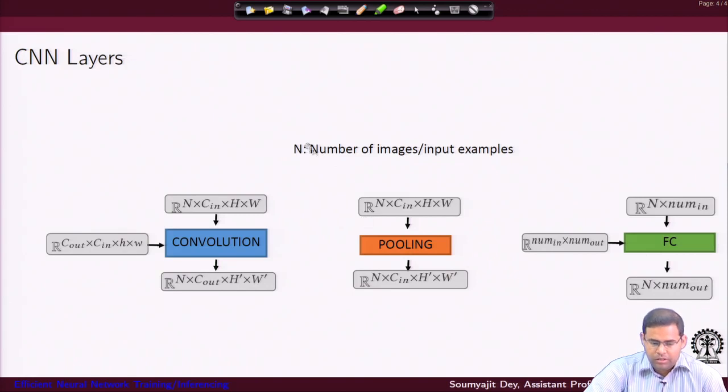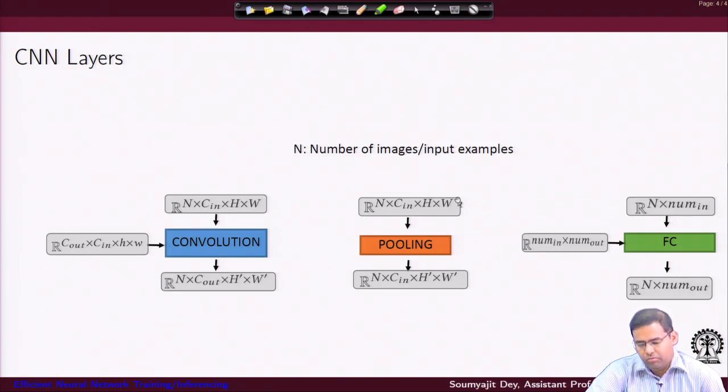So, in general, as we have already discussed, in CNNs I have these different kinds of layers. For example, I have the convolution layer. In the convolution layer I have two inputs, right. I have the image input and I have the mask to be convolved with the image, and I get the convolved output, right. In pooling I have a transformed image input and I am going to downsample it, right.